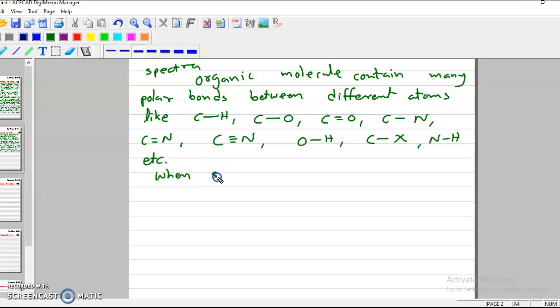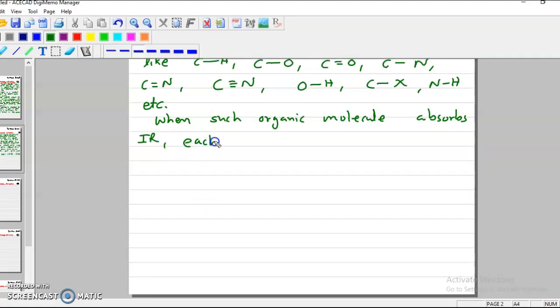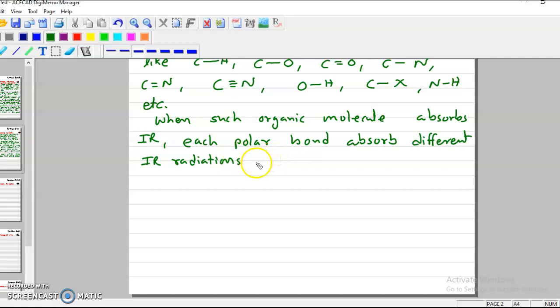When such organic molecule absorbs infrared, each polar bond absorbs different IR radiations because they have different types of atoms, and that is very important because their frequency will be different.